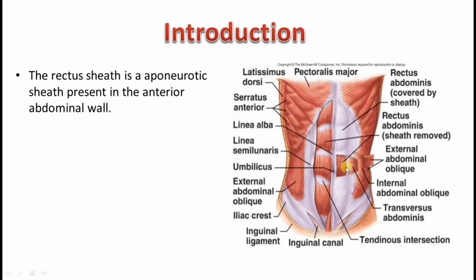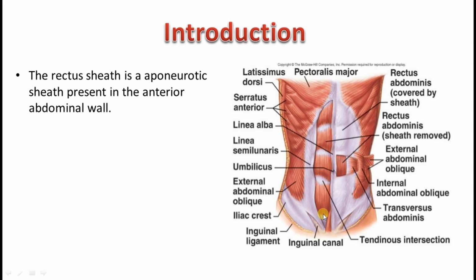These three muscles form flat aponeuroses through which they are inserted extensively into the linea alba, then in the lower part pubic tubercle, pubic symphysis, along the costal margin and iliac crest, inguinal ligament. It has got various places. So this aponeurosis is going to modify itself and cover this rectus abdominis muscle.